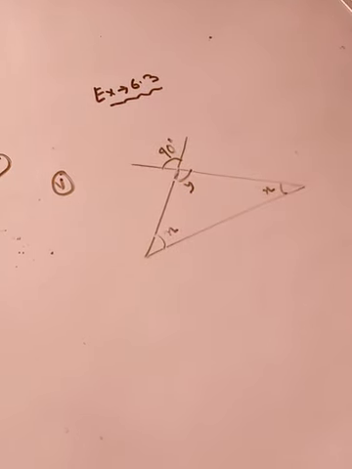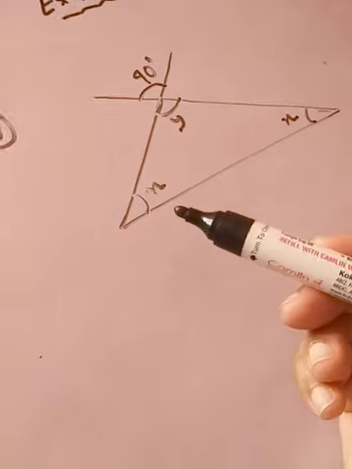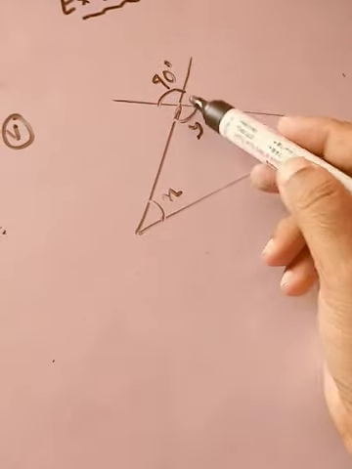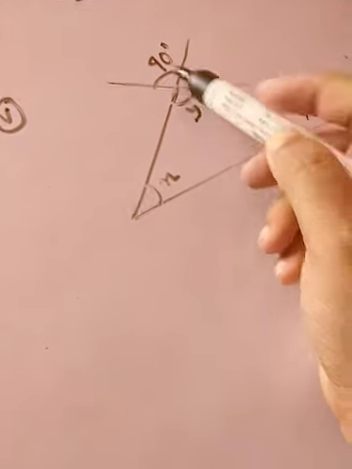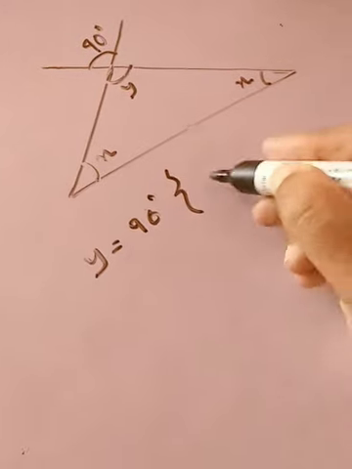This is sum number 5. So 3 angles are unknown. Okay. Now again we have a relation. That is y is equals to 90 degree. I hope now you have understood what is the reason. That is y is equals to 90 degree. It is vertically opposite angle.